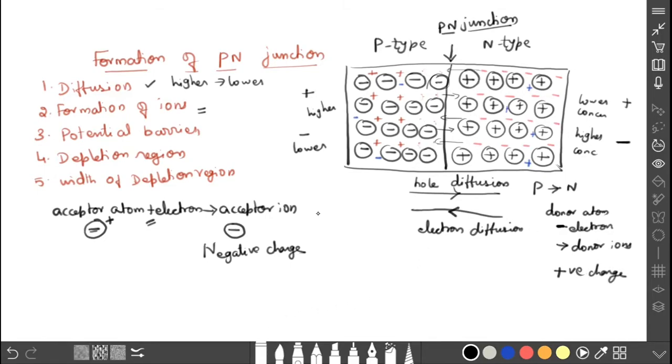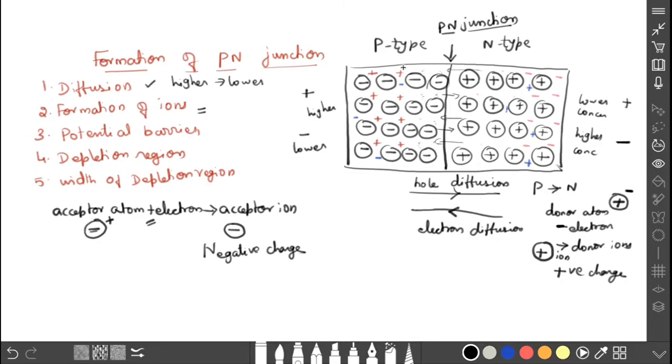This is the donor atom, which is represented by a positive sign with the electrons. Now the electrons are removed, so it will become only a positive ion. Now I'll rub that negative sign, because this is not the atom. This is the ion. By donating this electron, it becomes the ion.